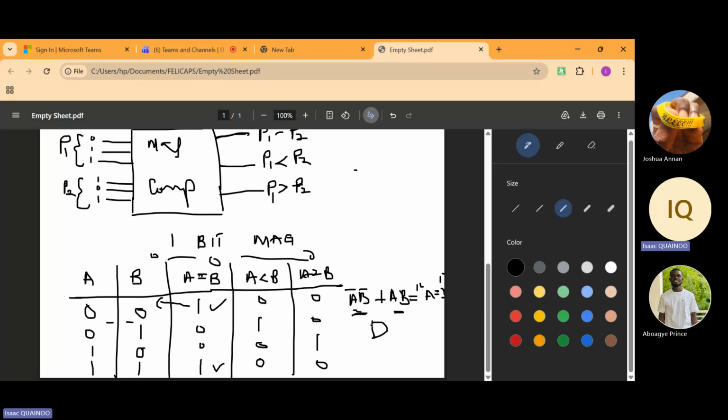So for this A bar and B bar, you have your A right here. There are several ways to draw it. You can decide to use vertical inputs, etc. Whichever you want to use, you are correct.